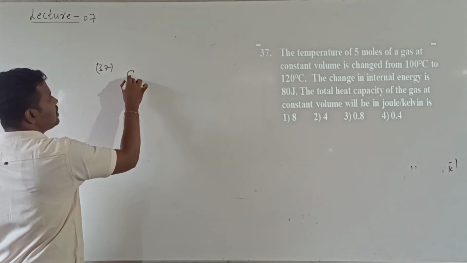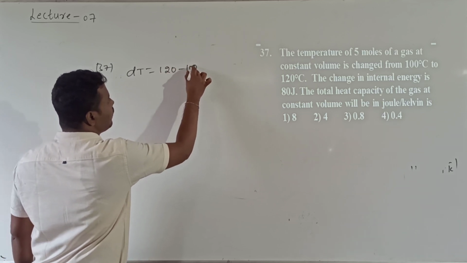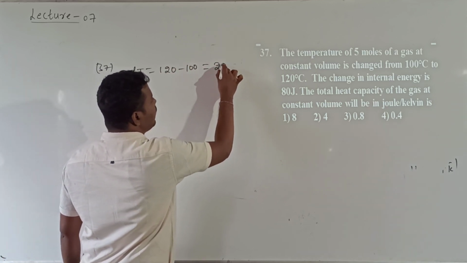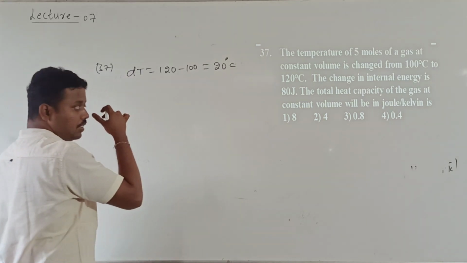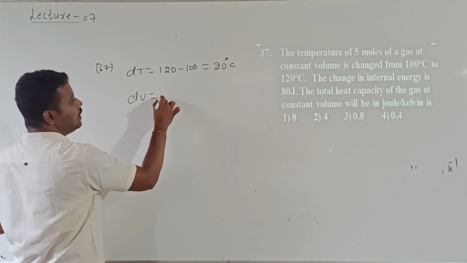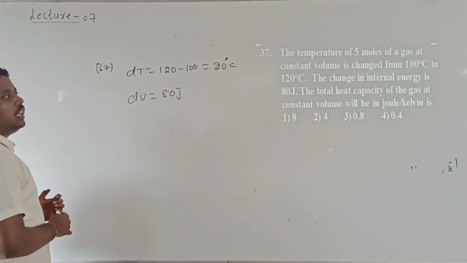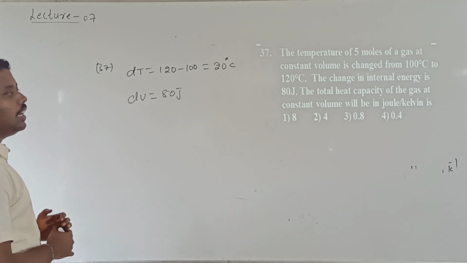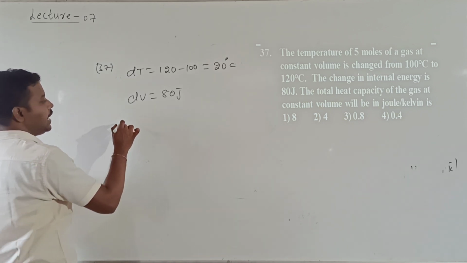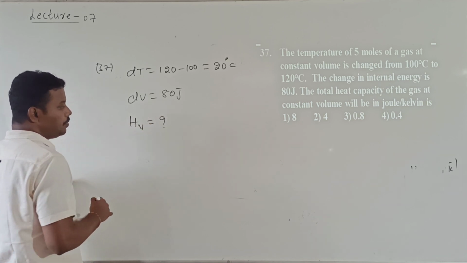So the change of temperature is 120 minus 100, which is 20 degrees Celsius. The internal energy change dU is given as 80 joules. Volume is constant. They are asking us to calculate the total heat capacity of the gas at constant volume.